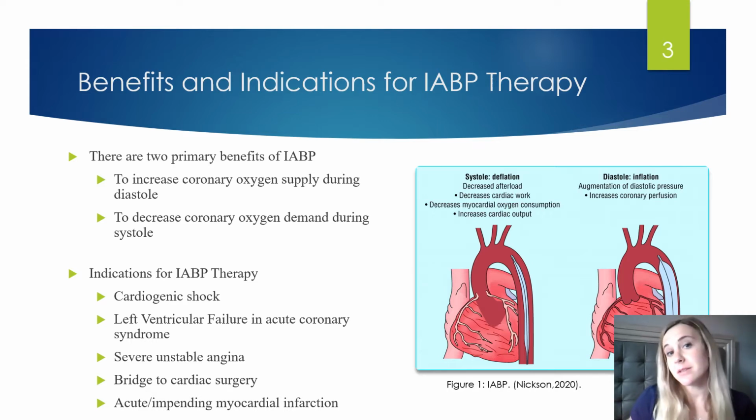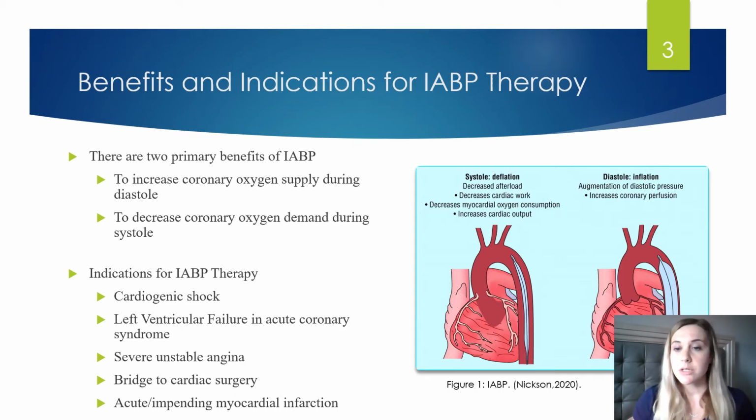Some of the benefits and indications of the intra-aortic balloon pump therapy. This is a device that sits in the descending aorta. It's an actual helium-filled balloon that inflates, allowing increased coronary oxygen perfusion during diastole.